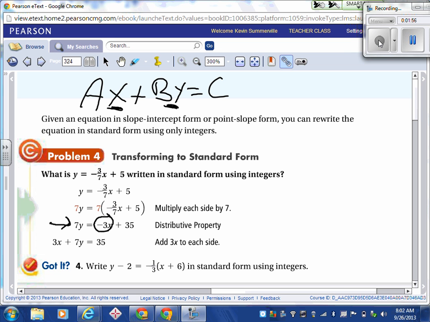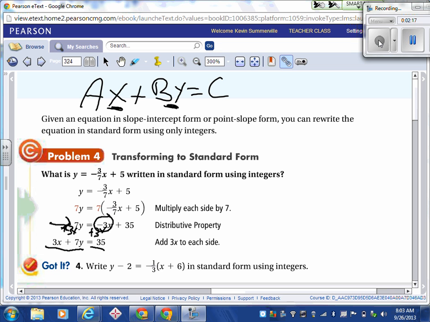So what I need to do is, what's the opposite of negative 3? Positive 3. So I need to add 3x to both sides. So when I do that, I get 3x plus 7y equals 35.